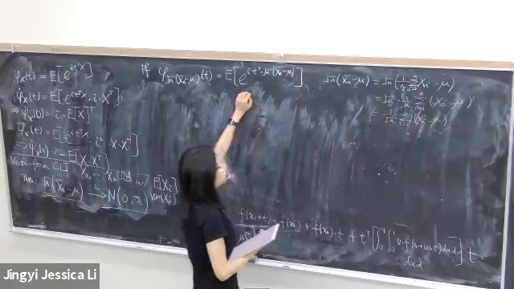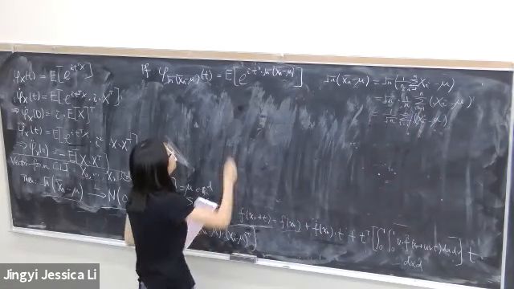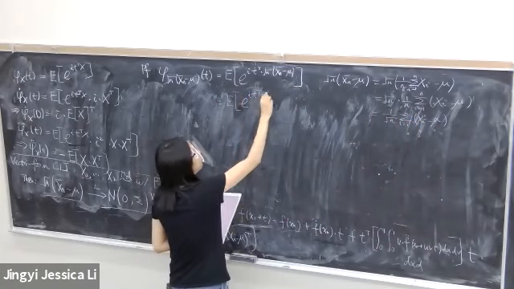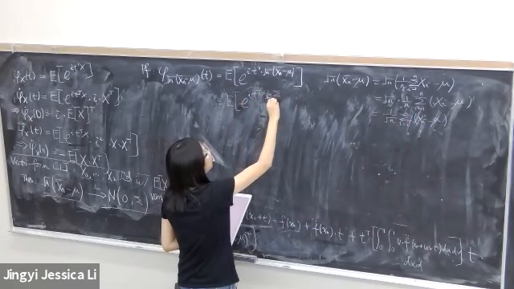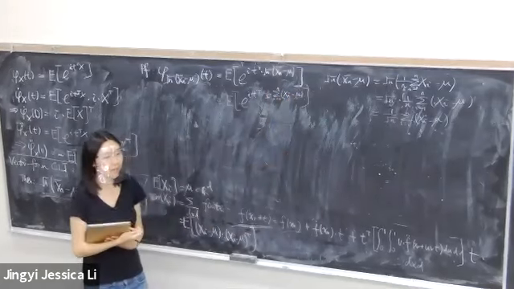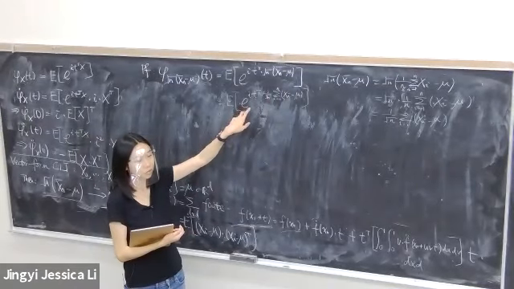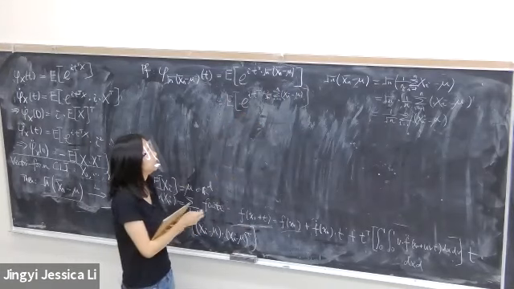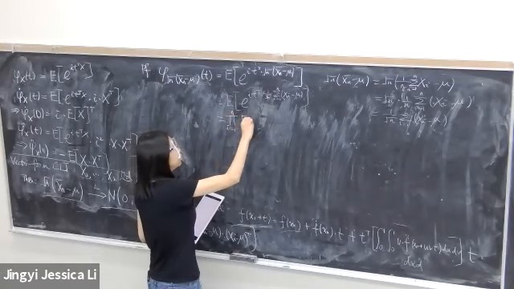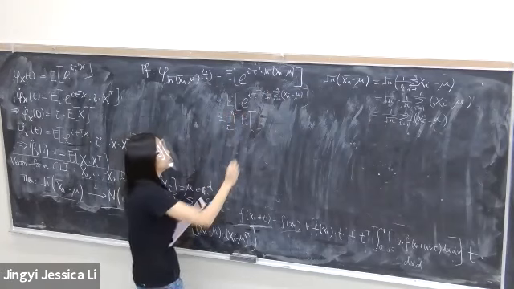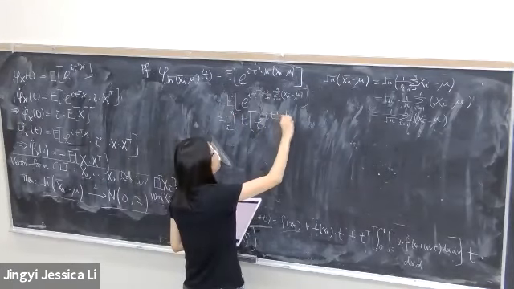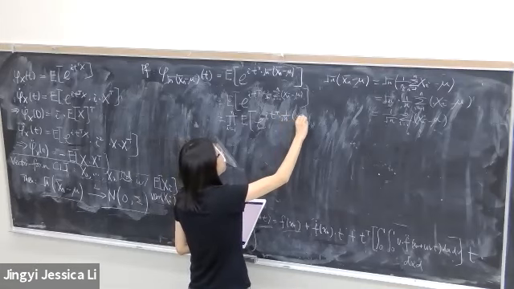Okay, with this, let me put it inside the exponential. Because summation in the power is equal to product, we can write this as the product, with an exchange of the product and expectation: exponential i t transpose 1 over root n times Xi minus mu.